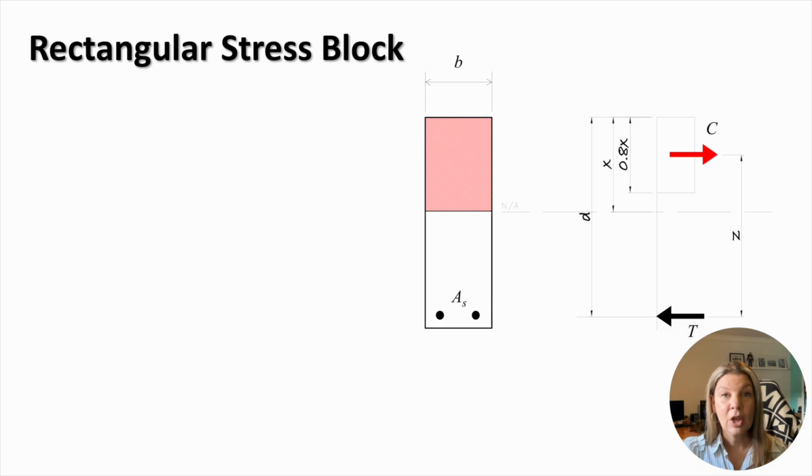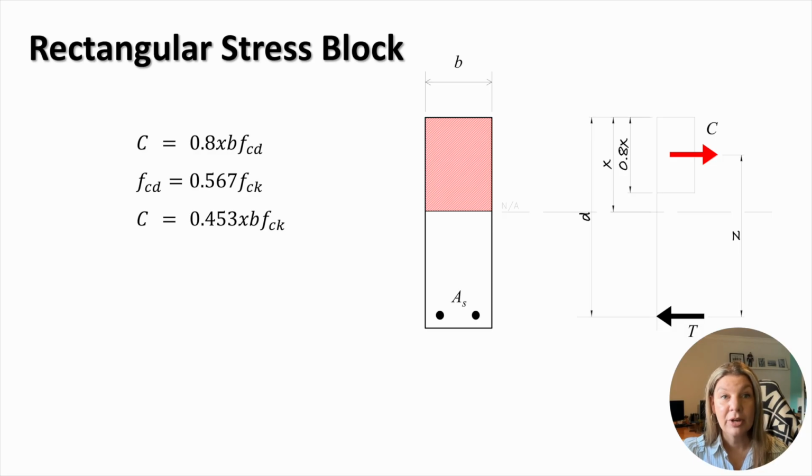We know that compressed concrete is stressed to the level of its design strength. To find the compression force, we need to multiply the design stress, fcd, in concrete by the area in compression, which equals 0.8x times b. As we've established in previous lectures, the design compression strength in concrete equals 0.567 fck, where fck is the characteristic compression strength of concrete.